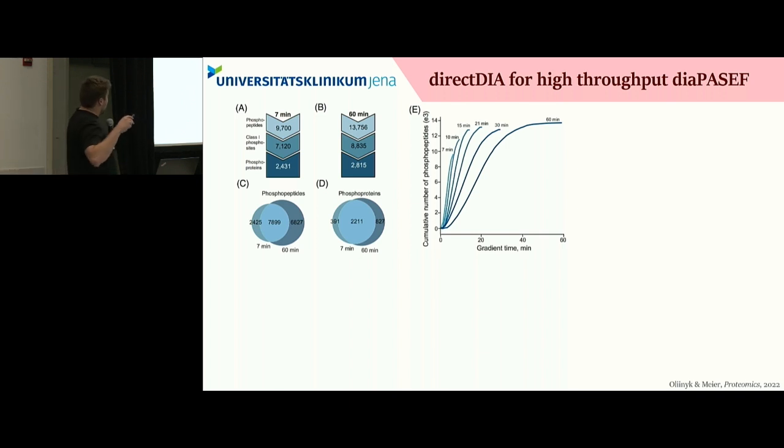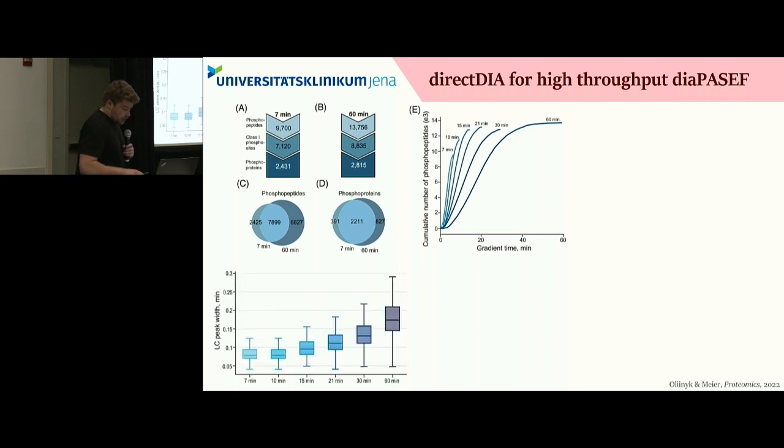Here we didn't go with a lower amount of injection material, but with shorter gradients. And as before, we saw that the number of identified phosphopeptides doesn't really decrease with a fourfold decrease of the gradient time.